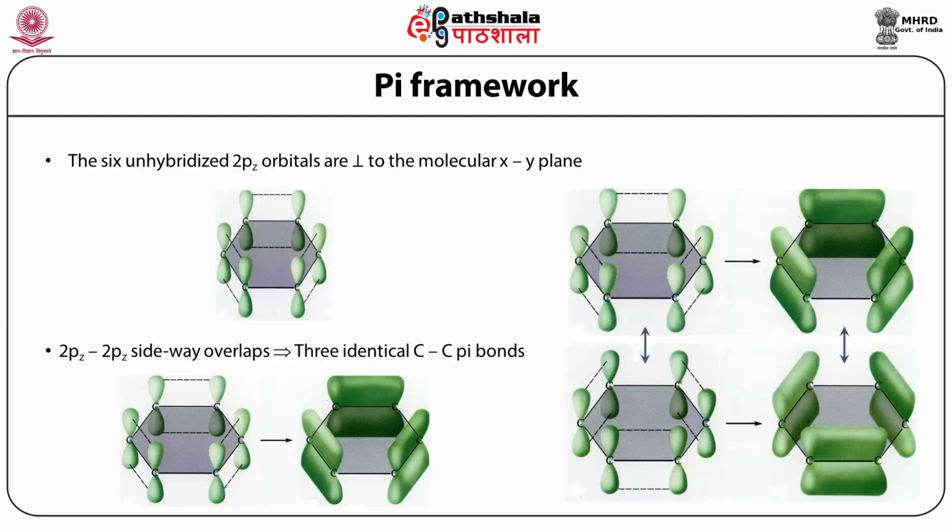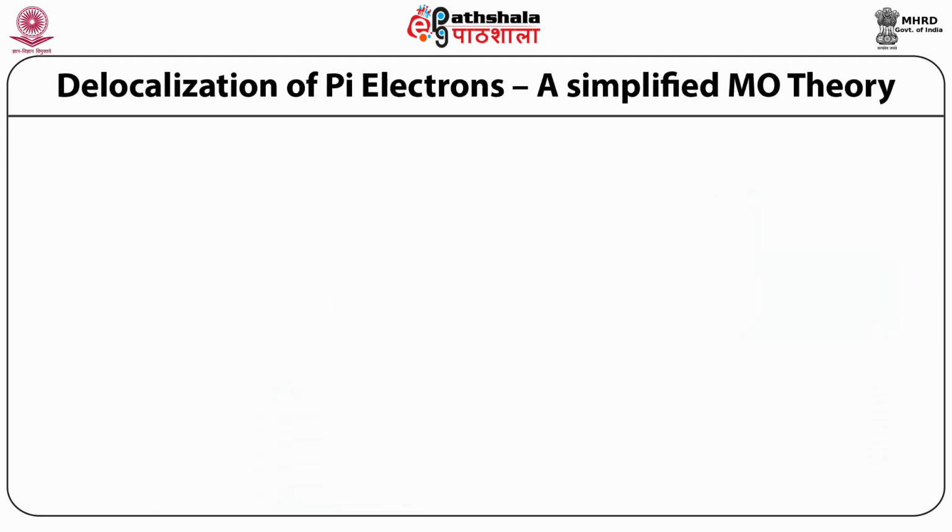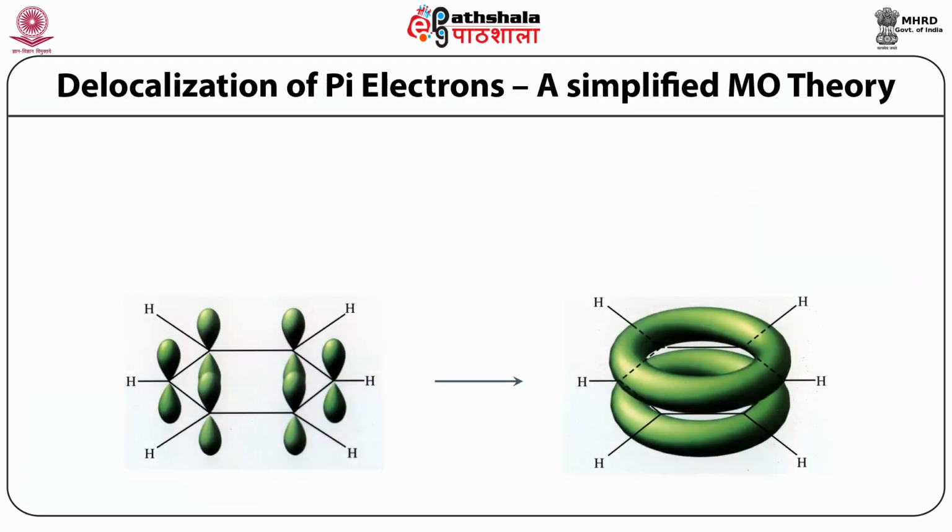As shown on the right-hand side, all these hybridized orbitals or frameworks are almost identical with each other. Next is the delocalization of pi electrons, which is governed by MO theory.